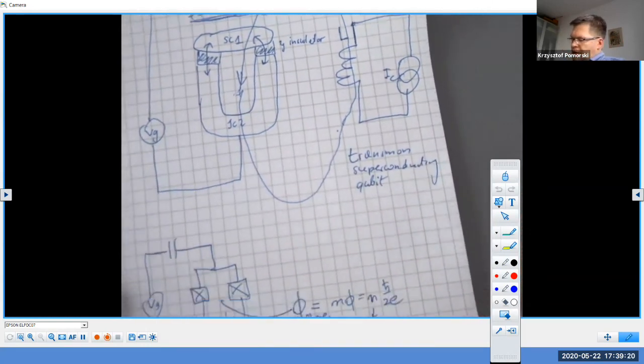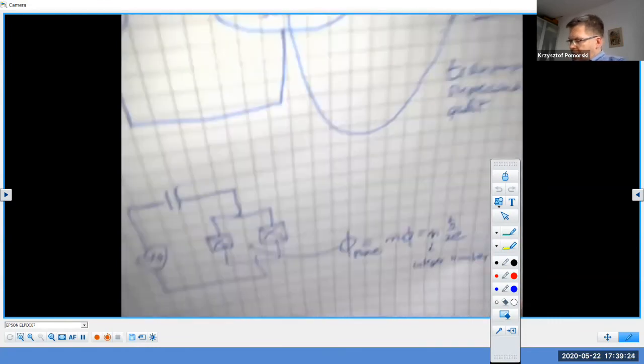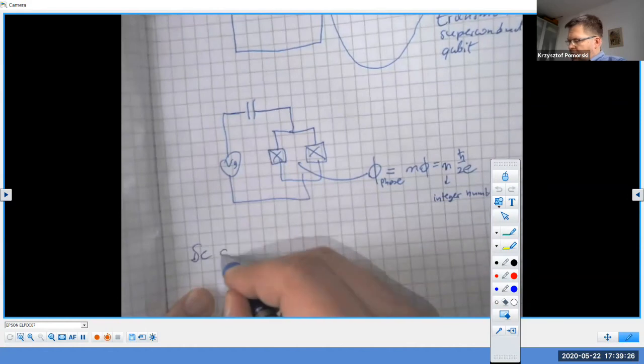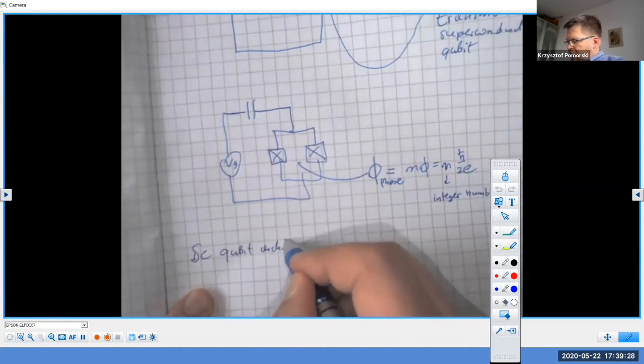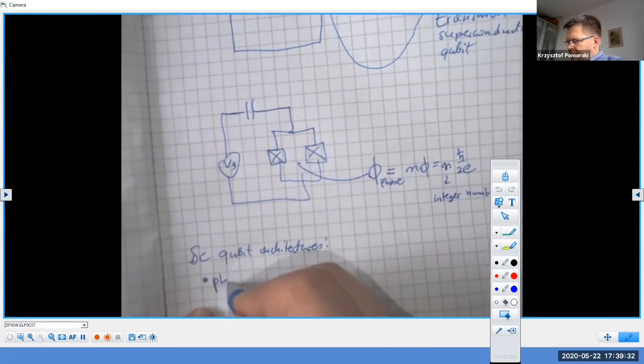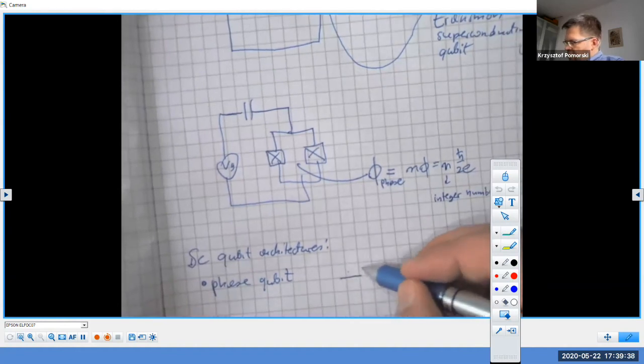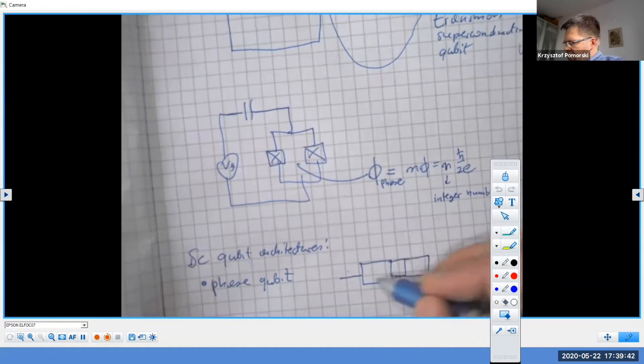So you remember we have superconducting qubit architectures. It was the phase qubit. Basically, we have a Josephson junction, and we send a current via the Josephson junction, and it's like this.